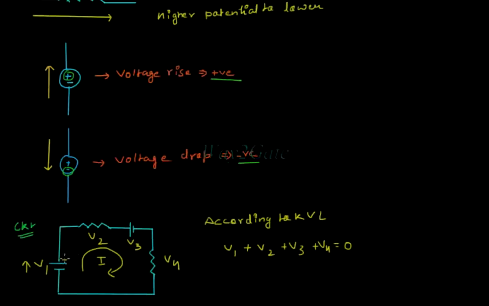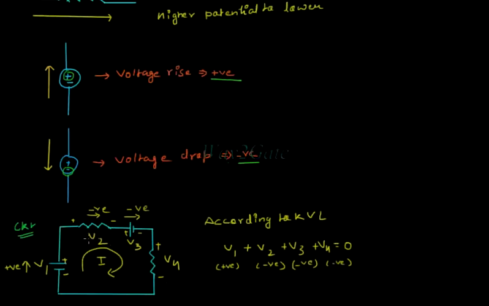Now, according to the direction of current, there will be voltage rise across V1. Therefore, V1 will be positive. And as per the direction of current, due to voltage drop, V2 will be negative. There will be voltage drop across V3 as current is going from positive to negative terminal. Similarly, there is voltage drop across this resistor also. Therefore, V4 will be negative.